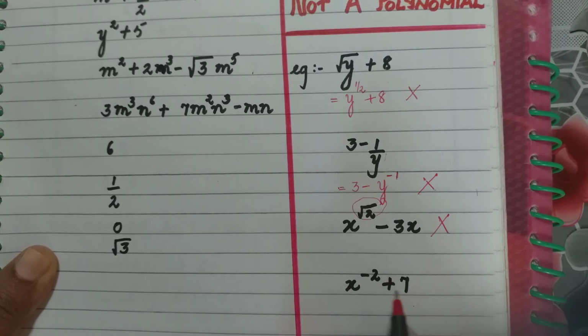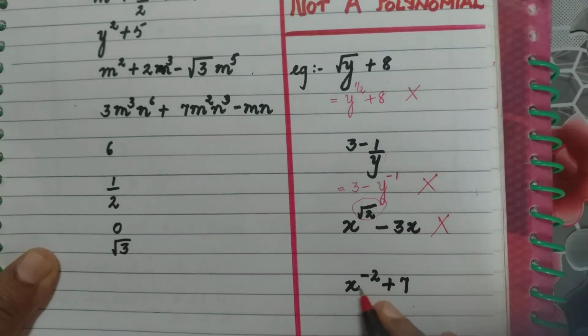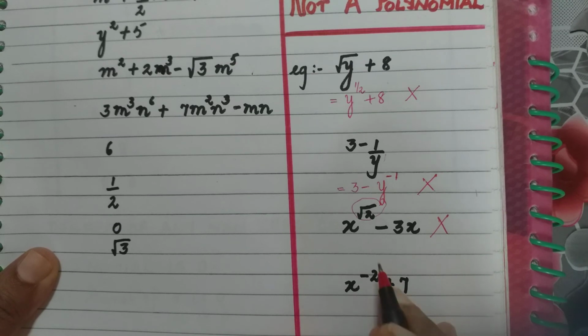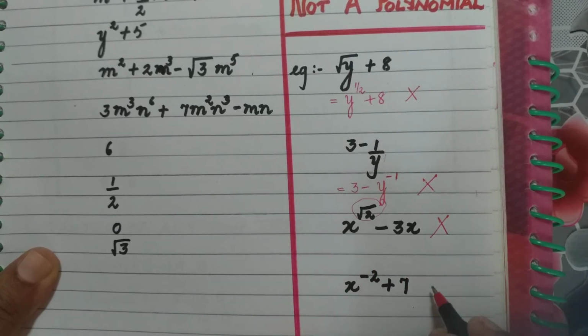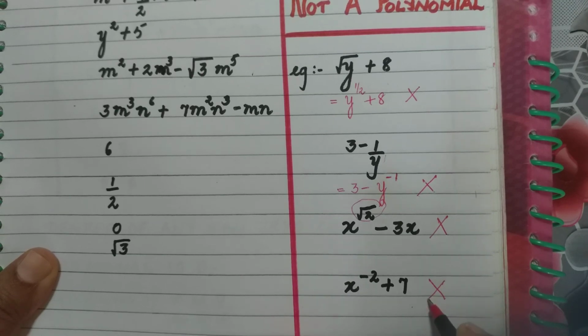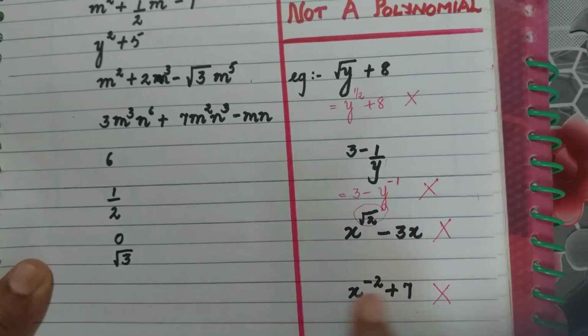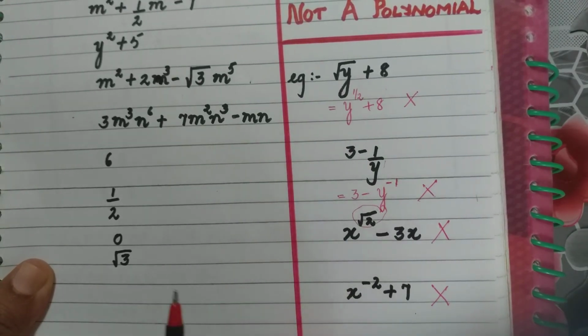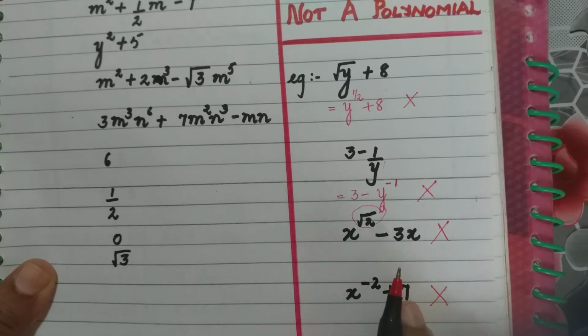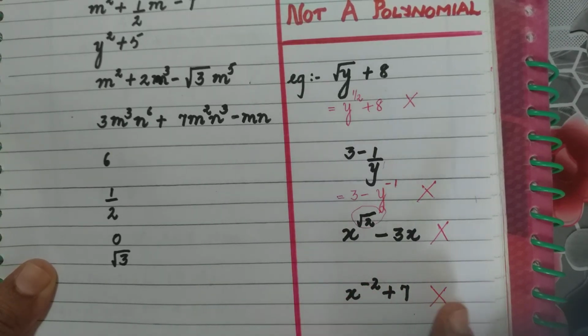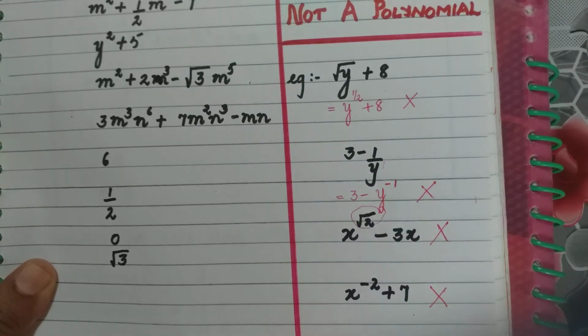When the power of the variable is negative, it cannot be a polynomial. We should have either positive integers or 0. So this also is not a polynomial. I hope now it is clear how we distinguish a polynomial from an expression which is not a polynomial.